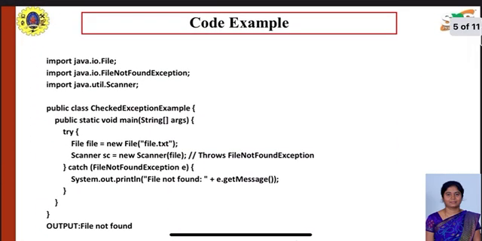Let us see an example in code. Inside the try catch, we are declaring an object for file: file is equal to new file.txt. Using scanner we are getting the file, and with system output println we are giving "file is not found" plus e.getMessage, which means the error message.